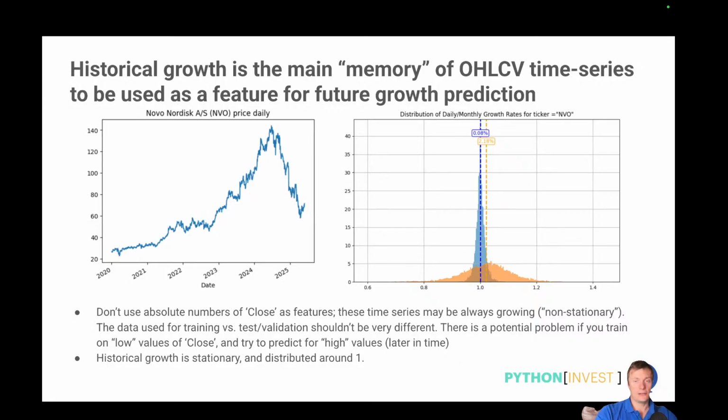And here you see two distributions. One distribution is for 1 day change, and you can see that it's a very narrow bell with a mean and median around 1.